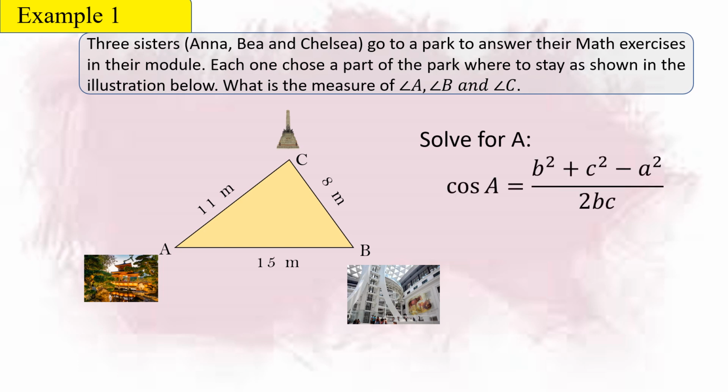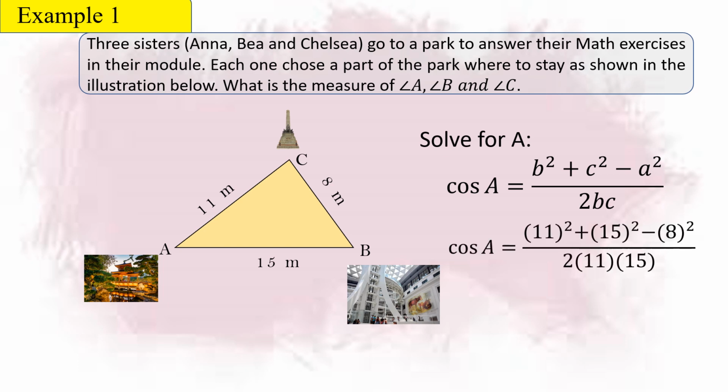So we'll be using the cosine A. Cosine A is equal to B squared plus C squared minus A squared all over 2BC. So just substitute the following values. The side B is 11, and that makes 11 squared plus C is 15 squared minus A, and that is 8 squared, all over 2 times 11 times 15.